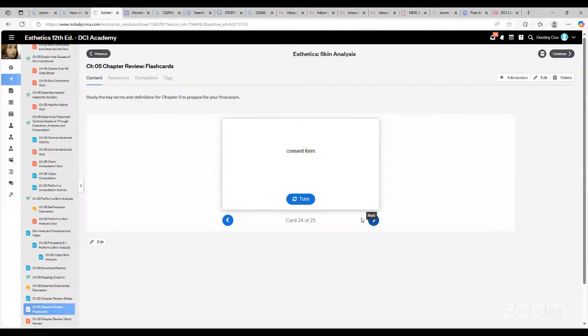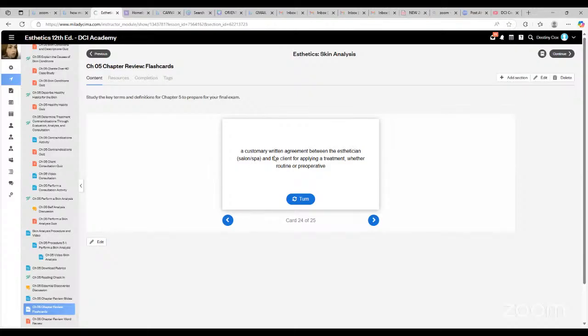Consent form. The consent form says, okay, we can do it. A customary written agreement, which means it's normal that you get a consent form signed before you do the service. Before proper documentation.